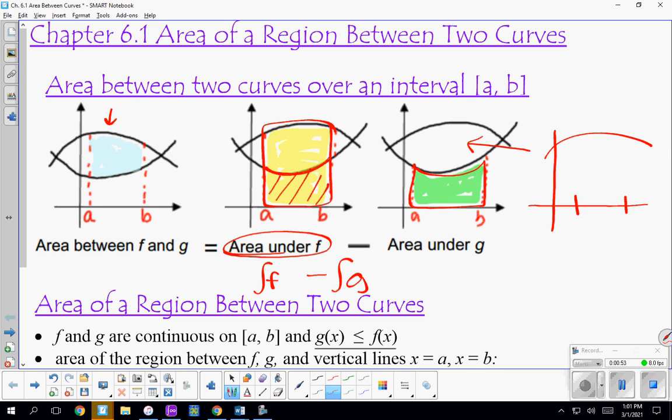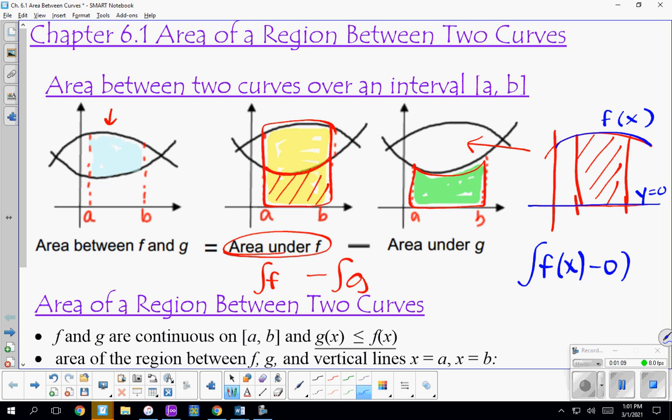So if I were to calculate the area of this region, I could take the area of the function and subtract the area of this horizontal line, which is y equals 0. So if I were to integrate f of x minus 0, you can see this is the same as just integrating f of x. That's why we haven't really seen anything here, because it's been a 0, and that means that the x-axis is one of our boundaries.